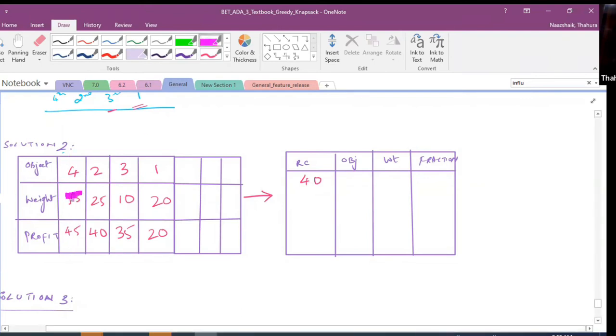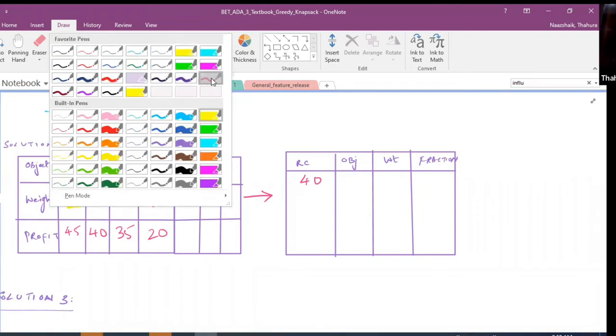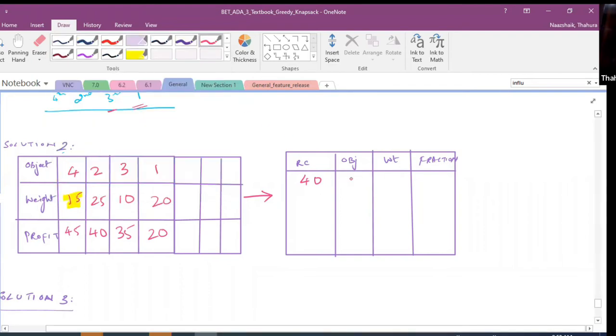So we have to check whether you can take this object. The capacity is good, I can take it. And because it is 0, 1, I always take full. So we calculate the remaining capacity.